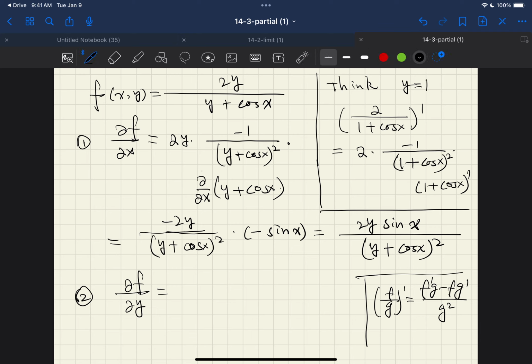So by quotient rule, we square the denominator, and the numerator is 2y prime, I would write this way, partial y, times y plus cosine x, minus 2y times partial y of (y plus cosine x).